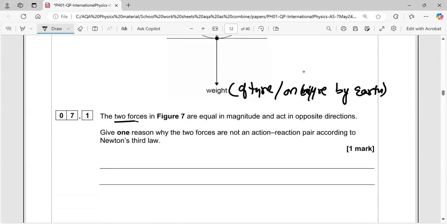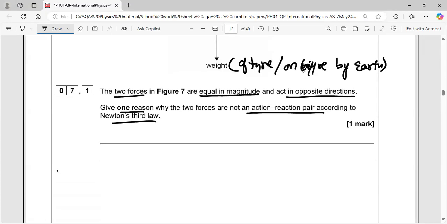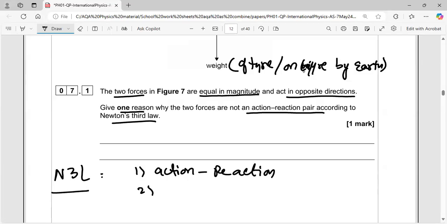So they're saying the two forces are equal in magnitude and act in opposite directions. Okay, give one reason why the two forces are not an action-reaction pair according to Newton's third law. Newton's third law states that forces exist in pairs, and the pair is action and reaction. The second thing is they are equal in magnitude, so this is fulfilled. The third thing is they are opposite in direction.